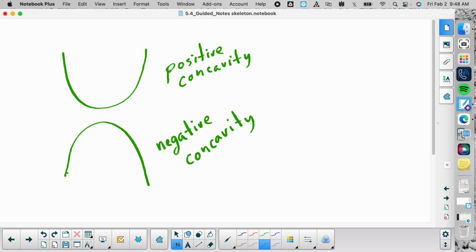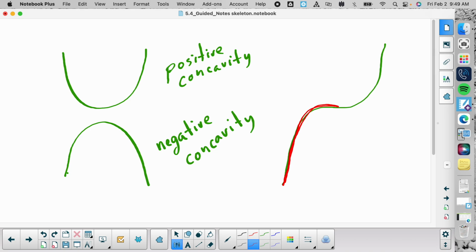Cubic. A cubic function, like in your head, you can picture the S, right? So a cubic function has curvatures, two different types. The negative half, whatever you want to call that, that would be negative curvature right there.